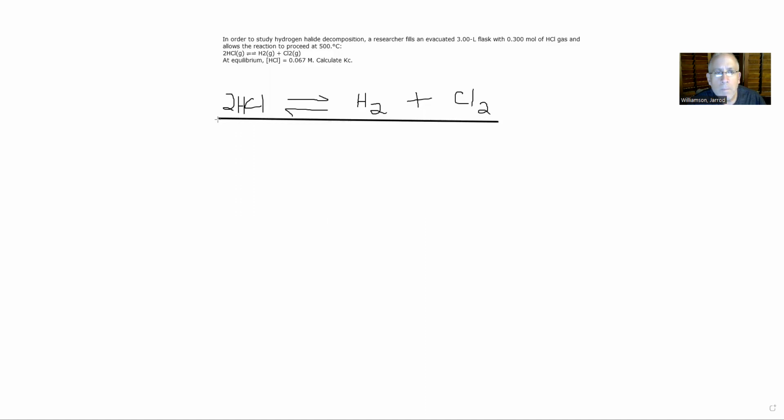We make our ICE chart. I, C, E. And this is supposed to be the initial concentration.